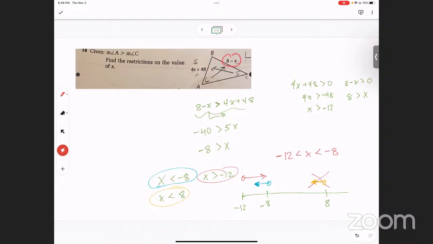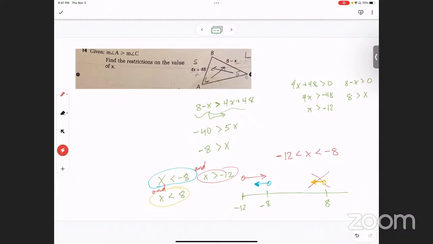So these values have to be positive. So that's why I set up each one of them. And that's why I'm setting up the number line so I can visualize it a little bit better. If all three of these things have to be true, so really the reason that we're doing this is because this is an and. All three of these things have to be true.